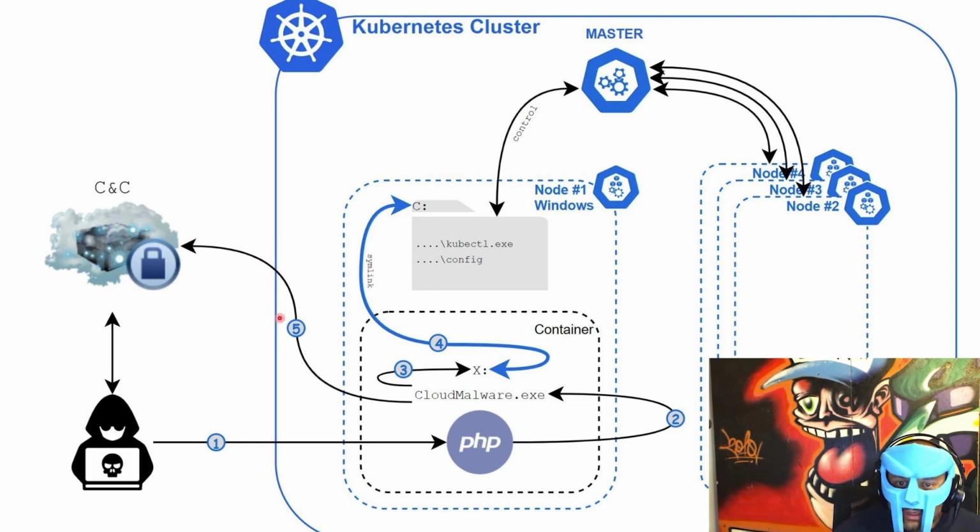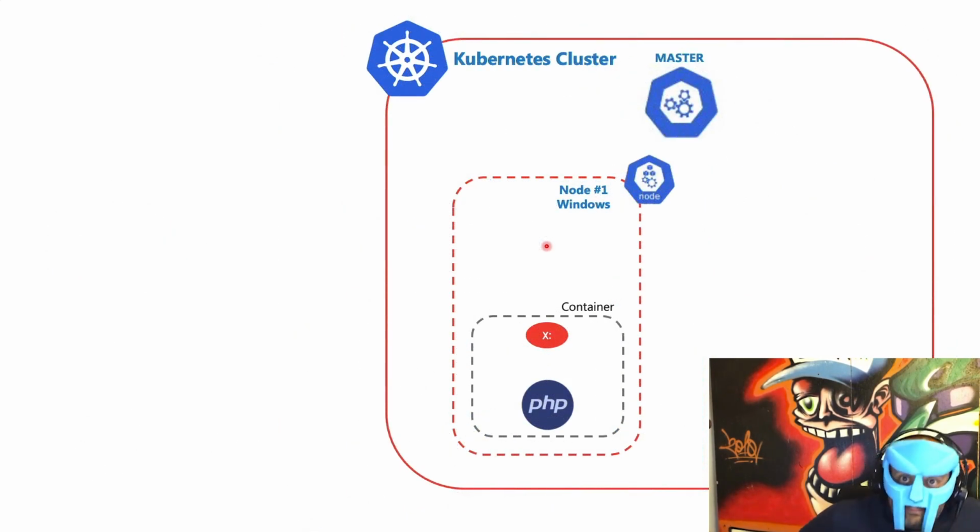The second issue I have is that they put the fifth step, or at least the number 5, here, as if it's the cloud-malware.exe connecting to the command and control server. However, the written steps indicate that step 5 is the search for kubecontrol.exe and config. So 5 for me should really be here. So as a pet peeve, and how I like to make it more interactive, I redid their schematic.